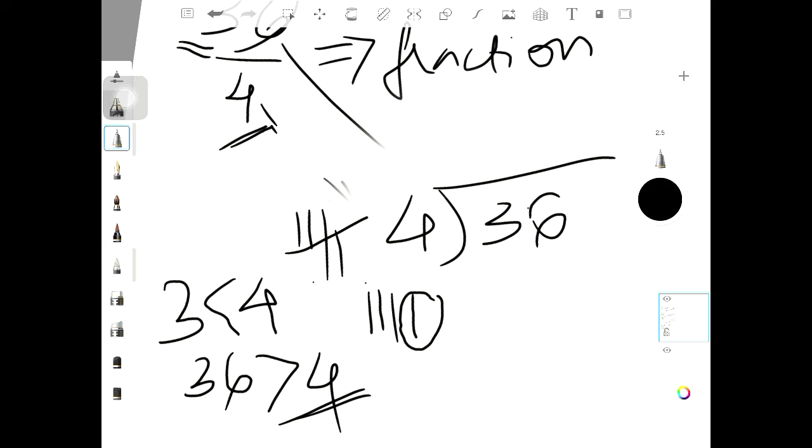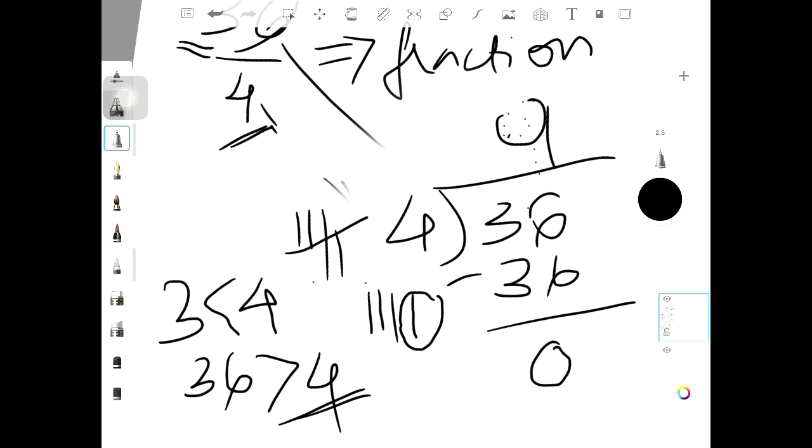But since 36 is a multiple of 4 and it goes into 36 9 times, we directly take 9, write it on top, put 36 below, subtract it, and take the remainder. Since 36 divides perfectly by 4, we have a remainder of 0.